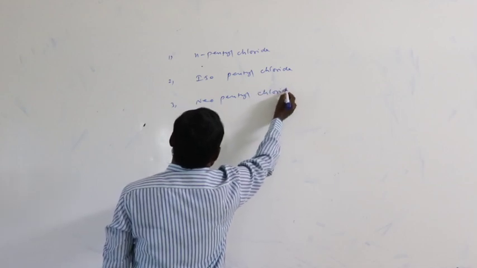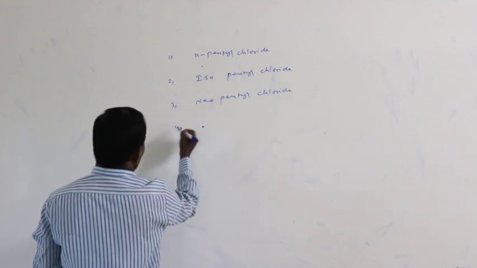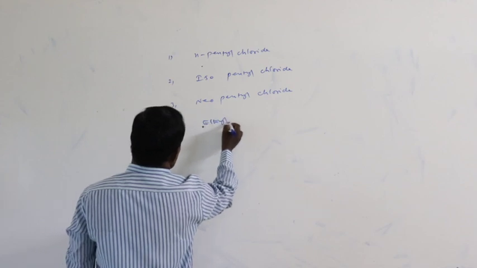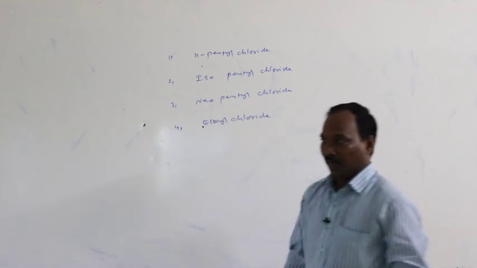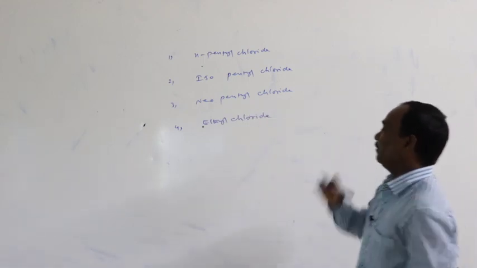Third, neopentyl chloride. Fourth one, ethyl chloride. Among these four compounds, highest boiling point.